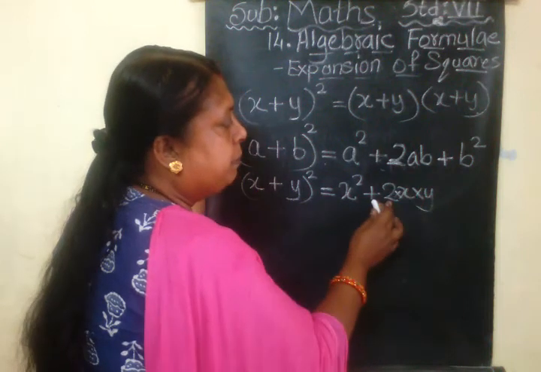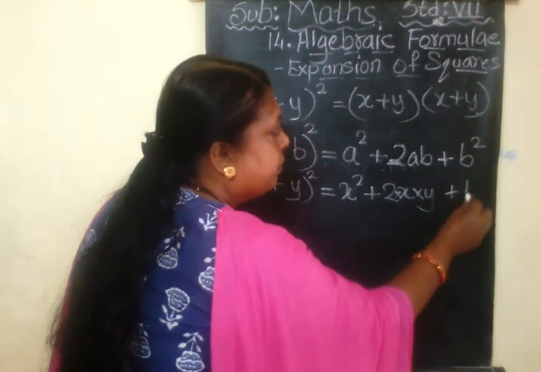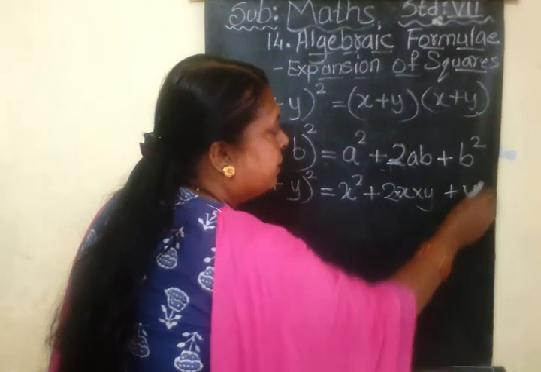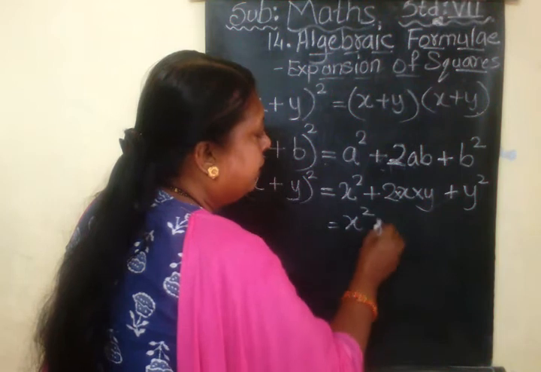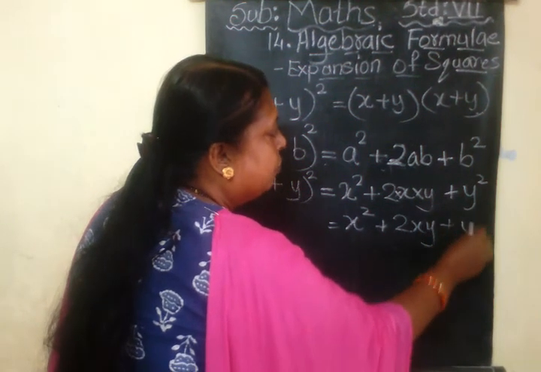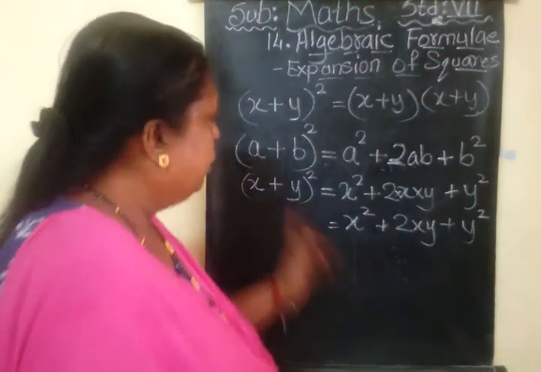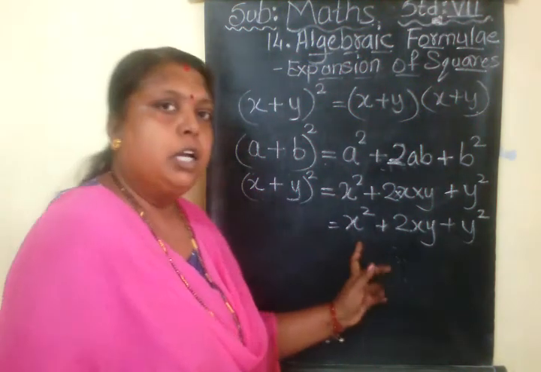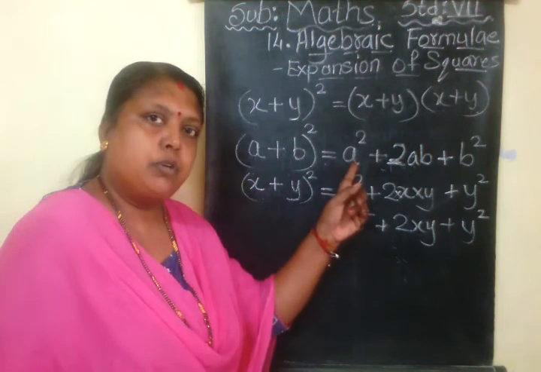Twice ab means 2 into x into y, plus y square. This gives me the answer x square plus twice xy plus y square. So this is the answer of your x plus y the whole square. So isn't it very easy to find the answer using the expansion formula?